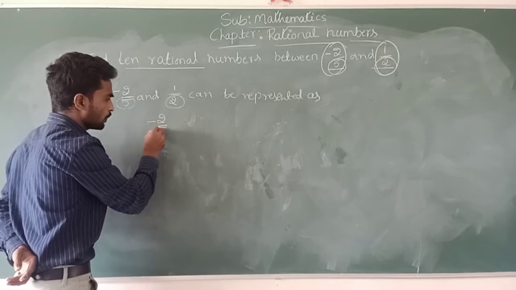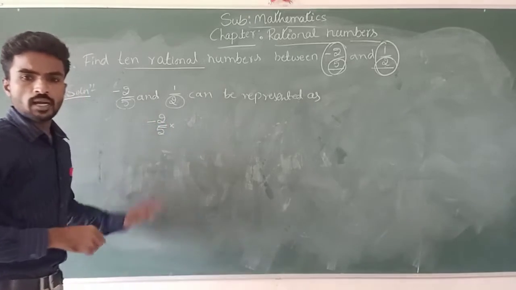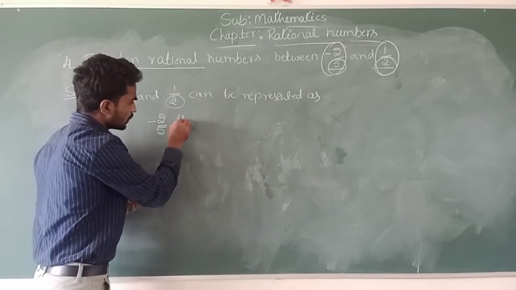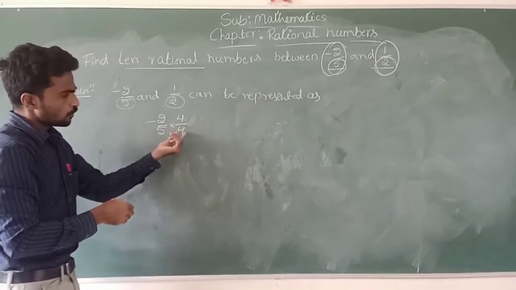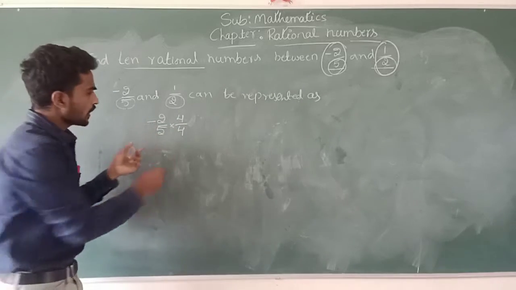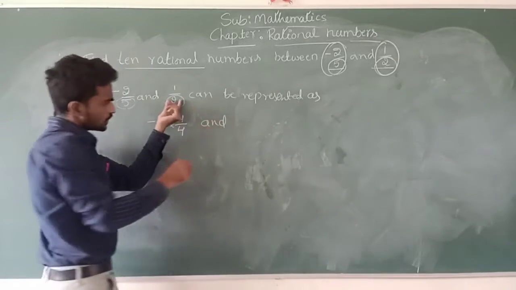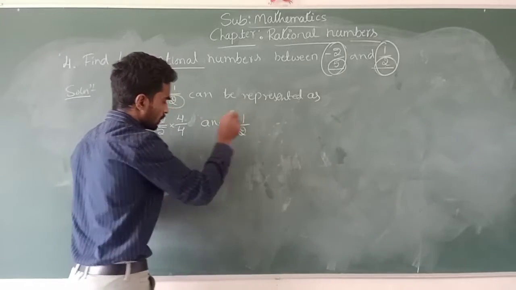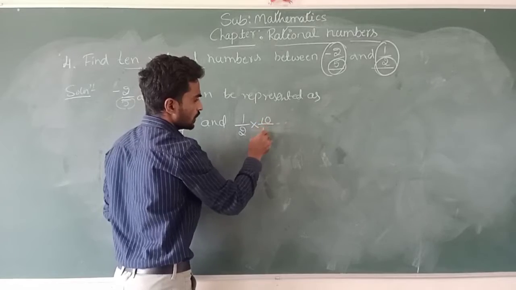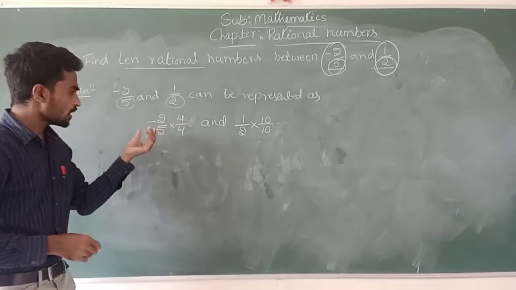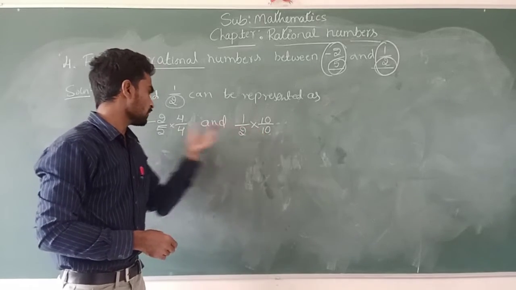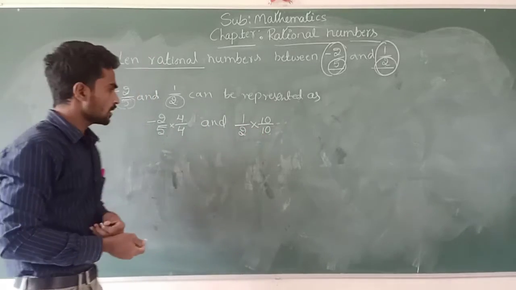Minus 2 divided by 5, multiplied and divided by 4. Again the 4 gets cancelled, and we get minus 2 by 5. And for 1 by 2, multiplied and divided by 10, because we are converting to the same base, the same denominator, for both the rational numbers.